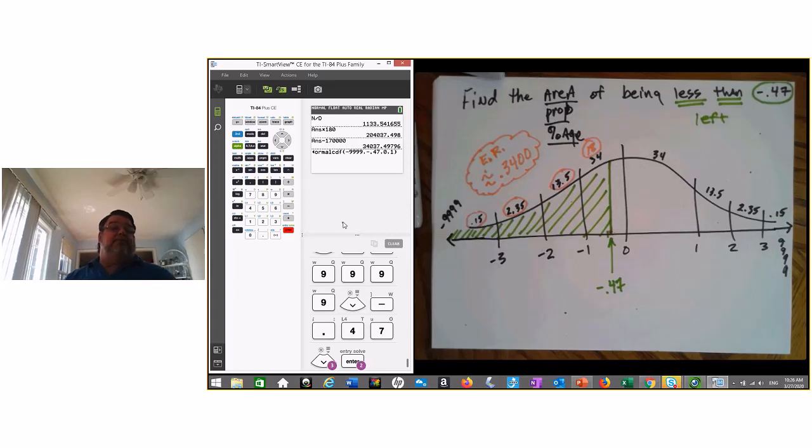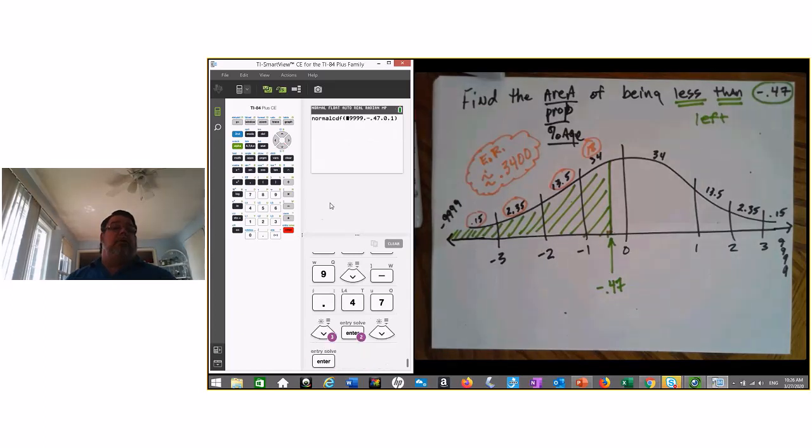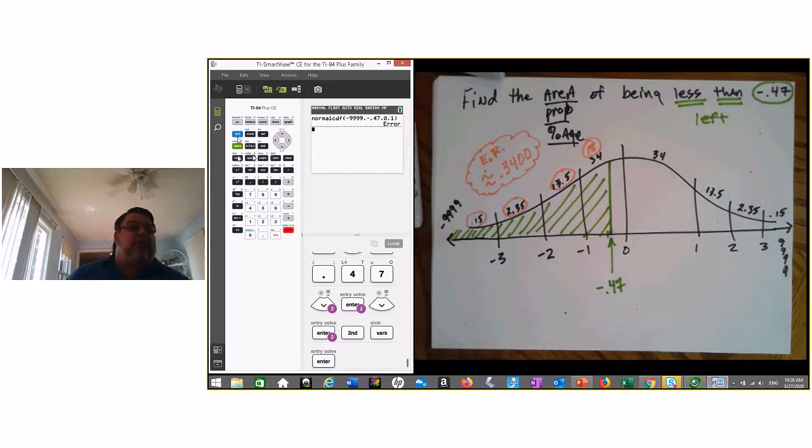And they got, what the heck? I thought I typed in everything. Negative 9999, wait a minute. Negative 0.47. Okay, I'm going to go back and do it again. Second vars. If anybody sees what I'm doing wrong, let me know. It was working fine yesterday. Second vars.